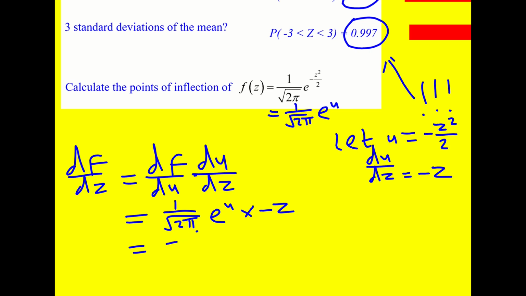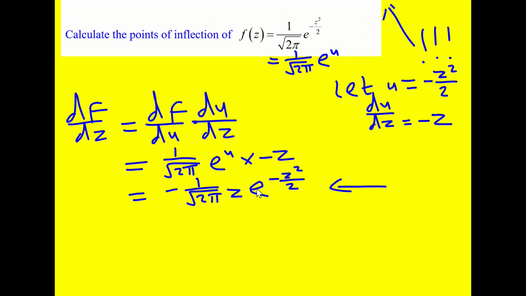Maybe I'll write this as minus 1 over root 2 pi, get the z in, and then it's going to be e to the minus z squared over 2. That's my first derivative. You might be confident with the chain rule and be able to go straight to that, because you realize that you just differentiate the exponent, bring it down, and then keep the rest as it is. But I wanted to go through it in slightly slower steps.